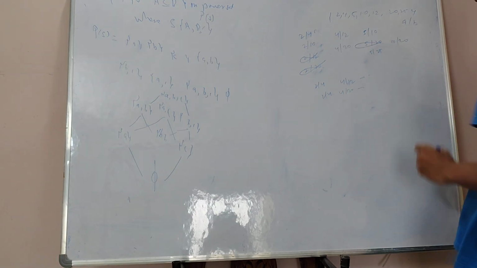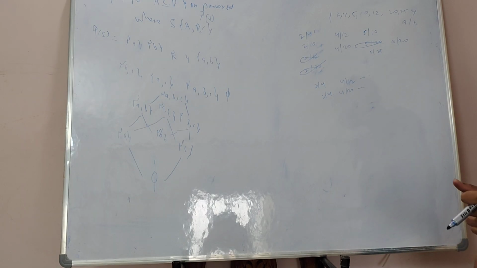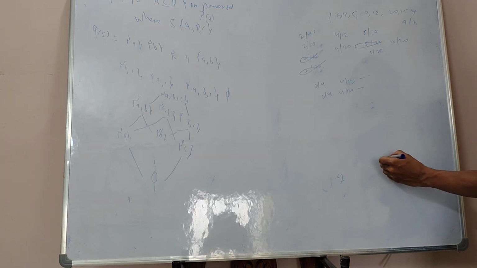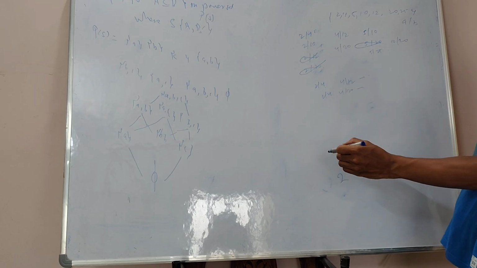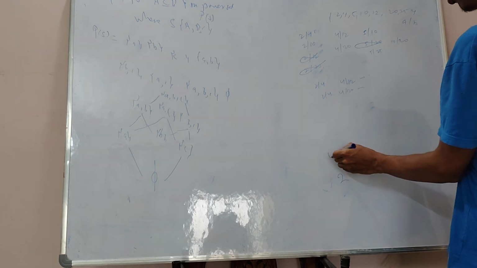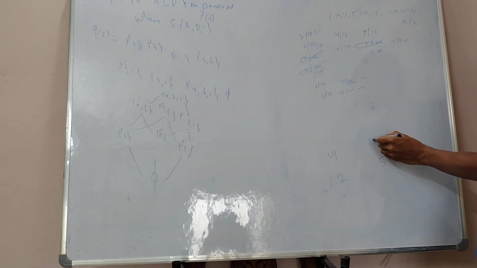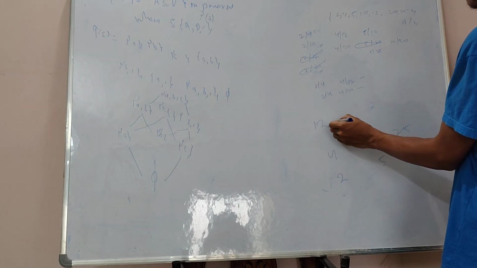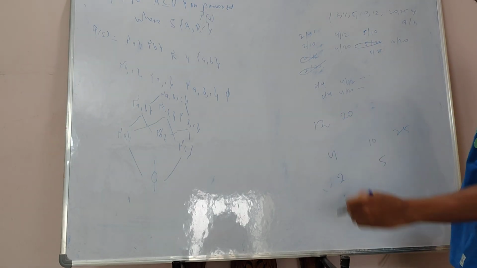So I will also remove this one. Now what I will do, I will get my list value here 2, 5 and then one level above, 4, then 10, then 25 and then one more level above 12 and 20, right?